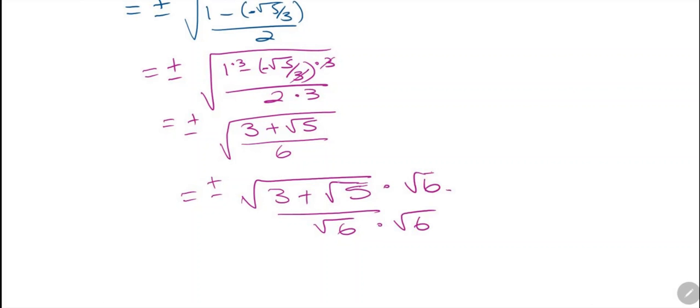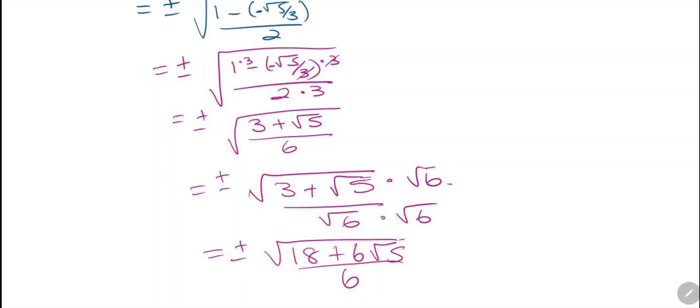Root 6 times root 3 is going to be root 18, and 6 times the root 1 is going to be 6, and then we have our root 5. And then root 6 times root 6 is just 6.